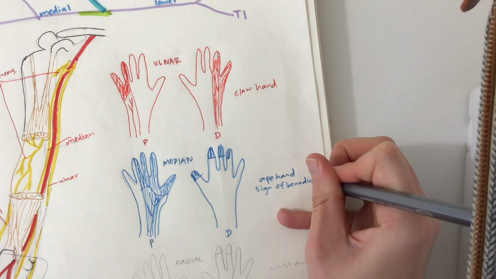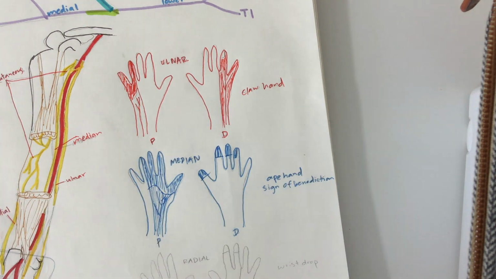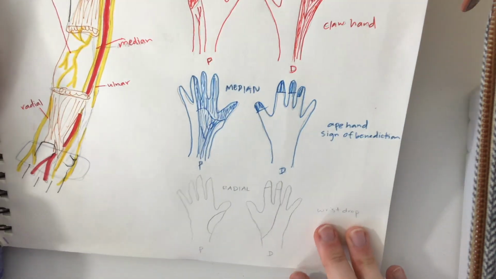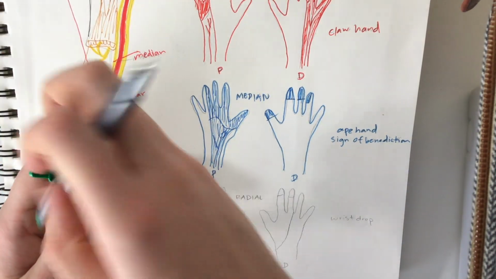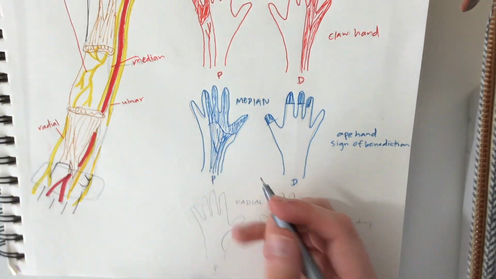An ape hand is a more complete lesion, whereas the sign of benediction is when just a few of them are affected. It's like an incomplete injury. That's how I think of it.